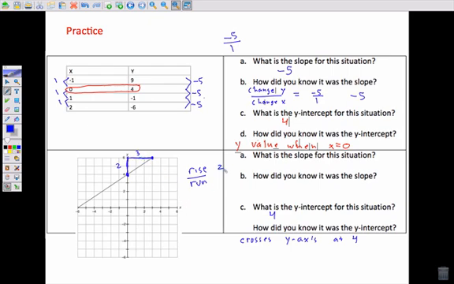So we rise 2, run 3, and our slope is 2 over 3. And how did we know? Because we have a rise of 2, a run of 3, so rise over run is 2/3.